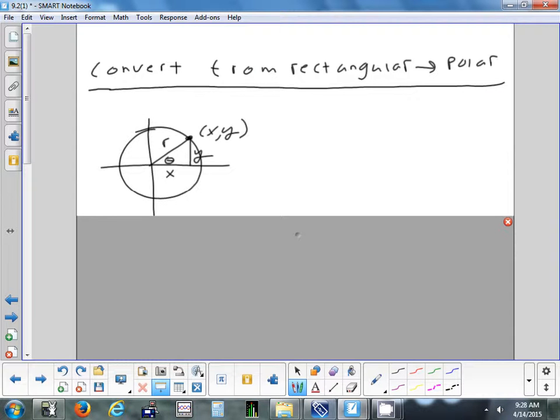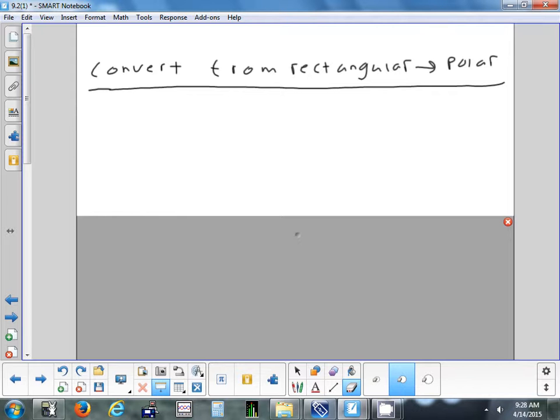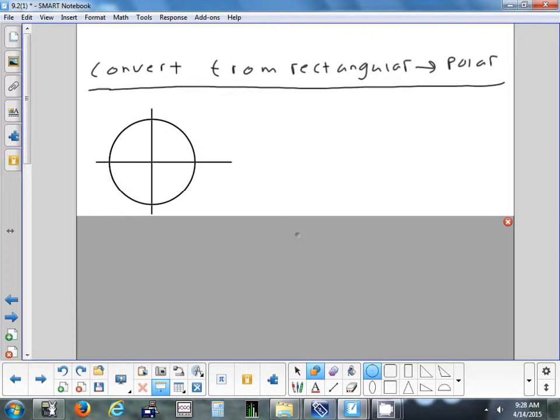Okay, so just like I did before, I set up a diagram, put a point on the circle. In fact, you know what? I can set it up so you can watch me do it. So draw your XY axis. Okay, let's put a circle on there.